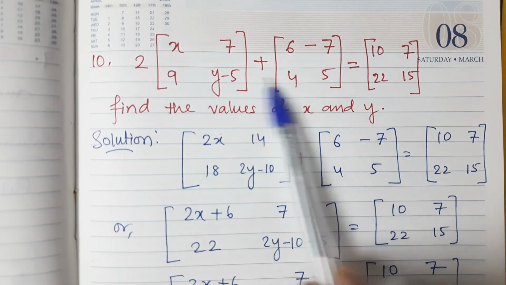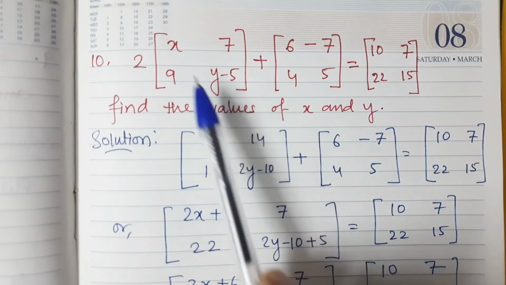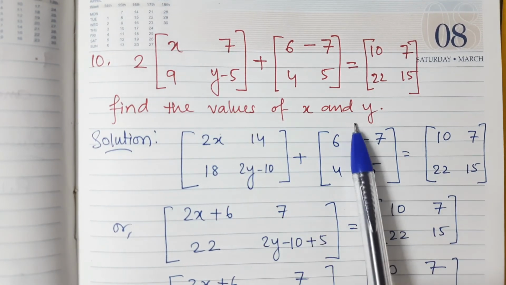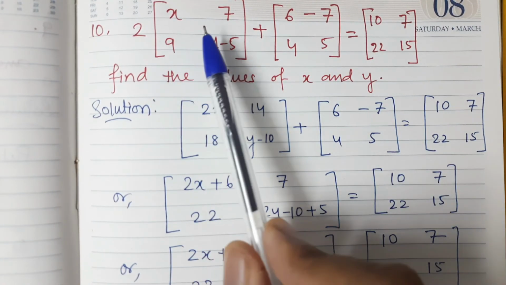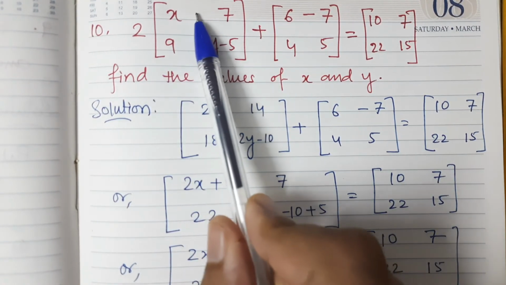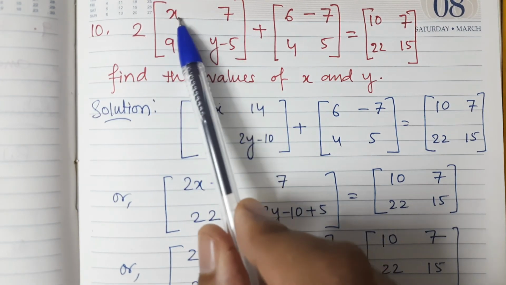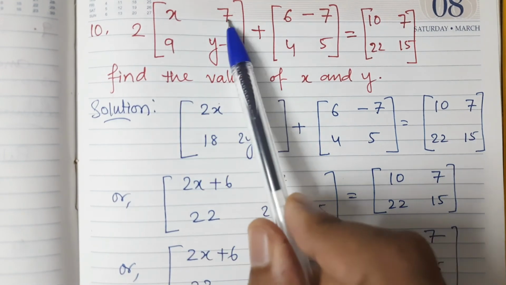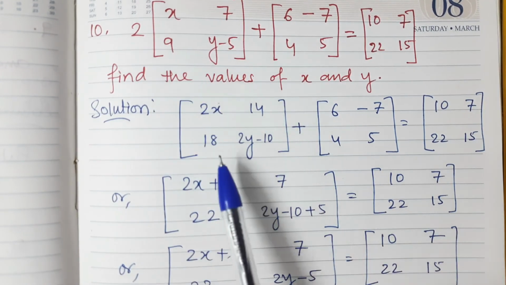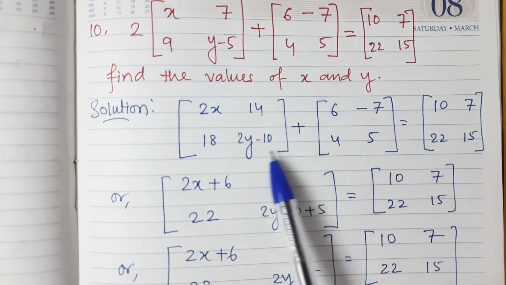So here this equation is given. You need to find the value of x and y. From this equation you can write, this 2 is multiplied by this matrix, so multiply every element of this matrix by 2. So 2 into 7, 14, 2 into 9, 18, 2 into y minus 5, that is 2y minus 10.